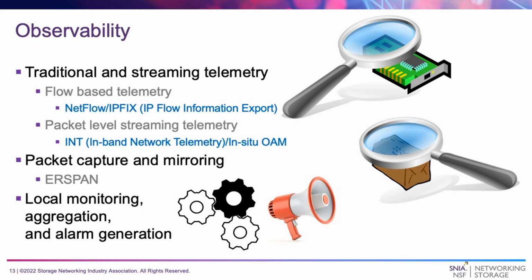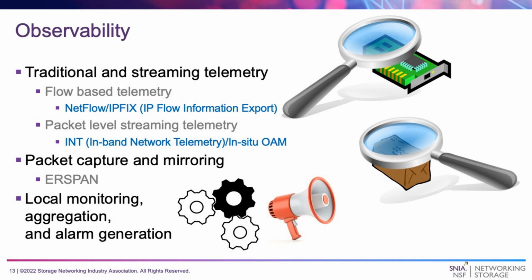And then this telemetry can be exported with flow-based solutions like NetFlow or IPFIX, or with packet-level streaming telemetry solutions like INT, in-band network telemetry, or in situ OAM, which is the IETF variant.